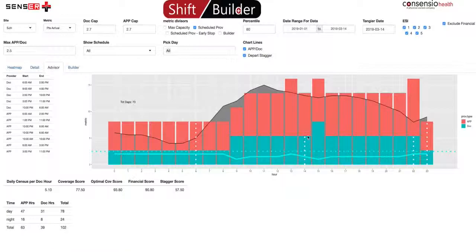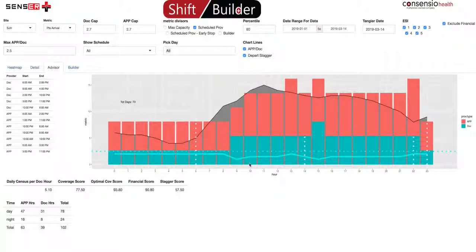So at 2 p.m., we can see 80th percentile of patient arrivals, like we saw earlier, around 13. The height of the bars here represents for the particular capacity you chose what are the advanced practice provider resources available, the height of that bar, what are the doctor resources available.